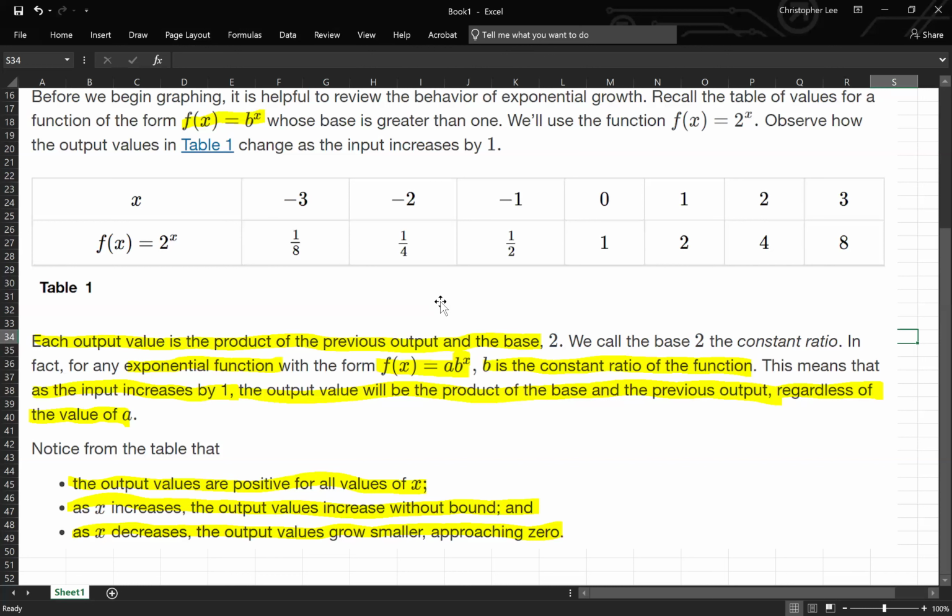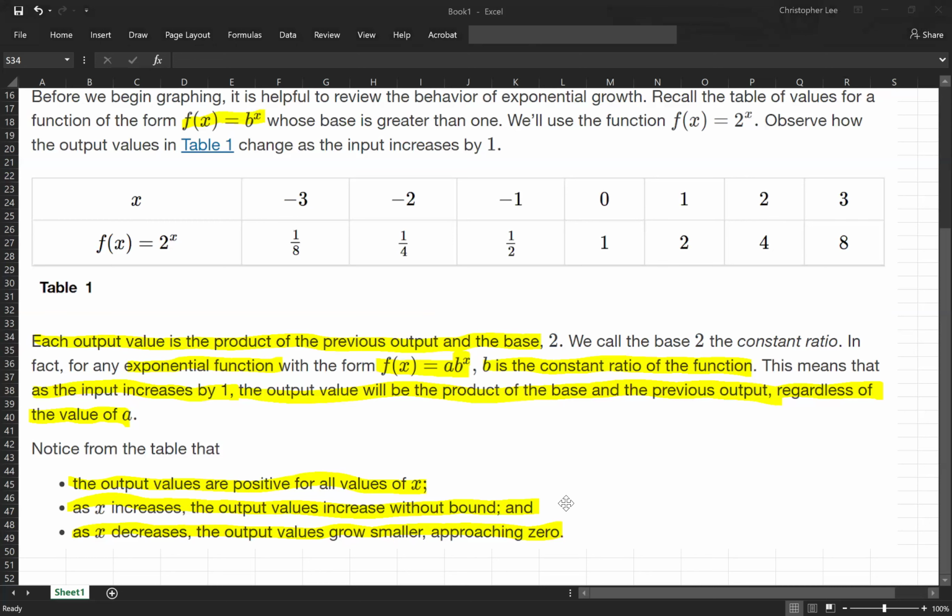As x decreases, going to negative infinity now, the output values grow smaller, approaching 0, but it will never actually get to 0. That's something real important to notice.